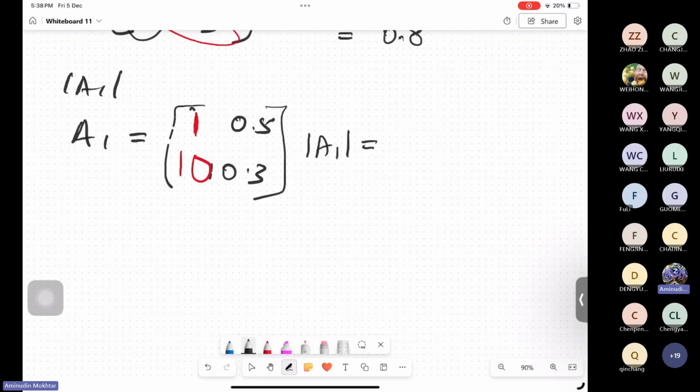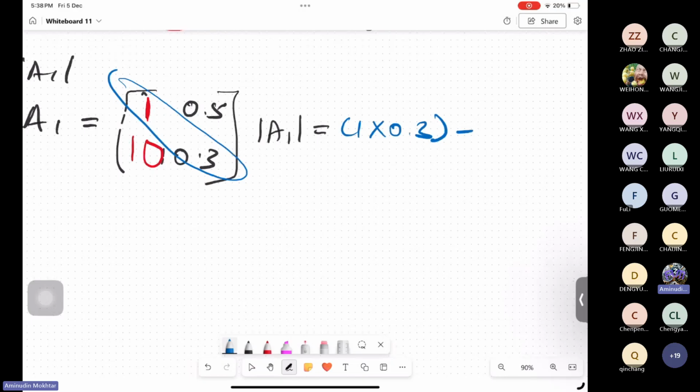Determinant of A1, okay, what is the main diagonal? The same process, main diagonal, 1 times 0.3, minus the product of the other two numbers, 10 times negative 0.5.